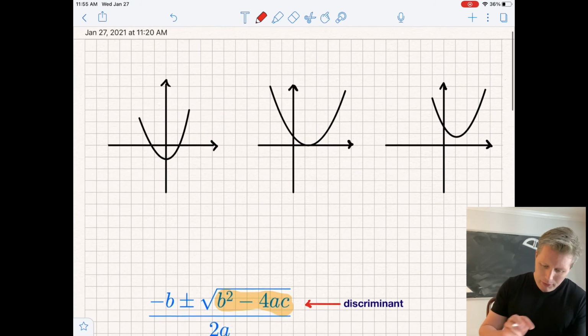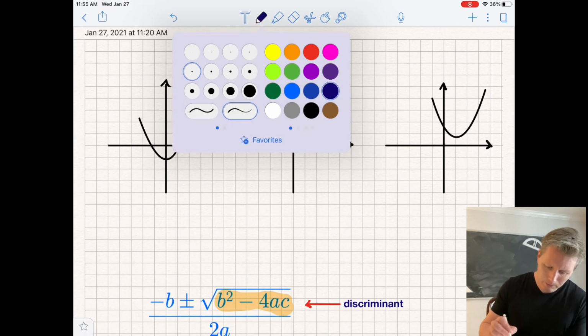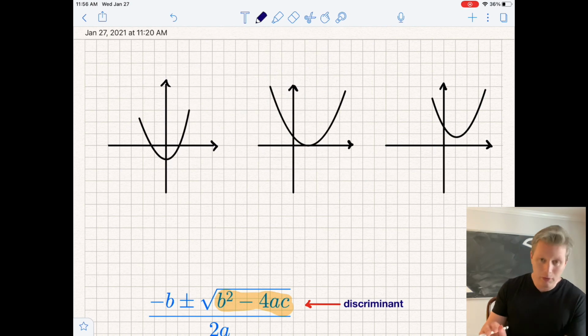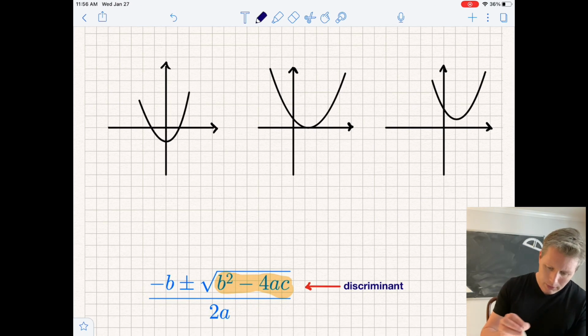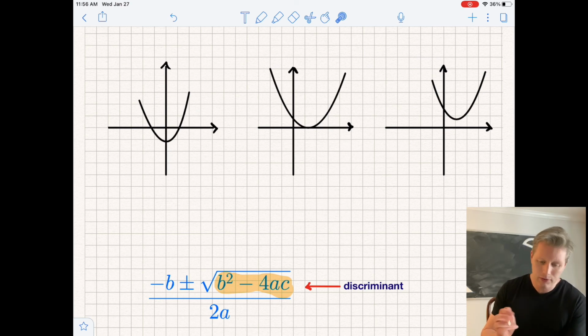So up here I have three pictures of three graphs of potential quadratic functions. In the first one, here on the left, I see that the graph comes down and it cuts the x-axis in two places.